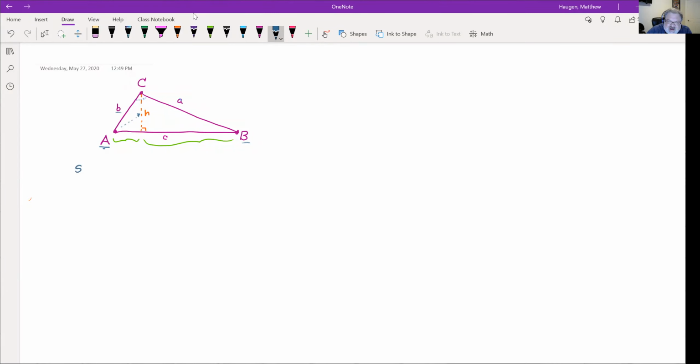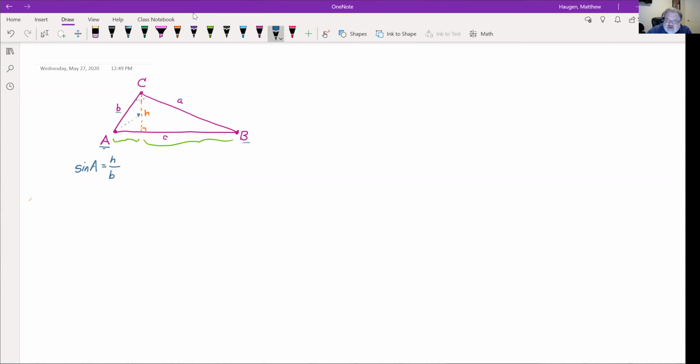We know that the sine of that angle A would be equal to that height h in ratio to the side length b. Okay, so good. We have an argument. It does reference this altitude that we kind of made up. There has to be an altitude there. We might not know what it is, but it references that h there. But still, it's an argument based on the tools that we already know.